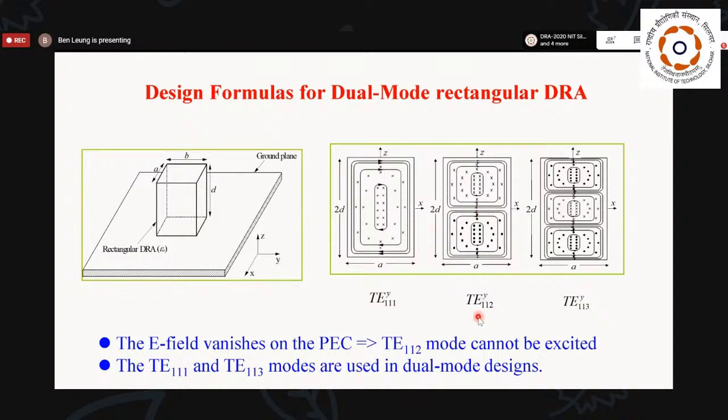Therefore, this TE112 mode cannot be excited when we consider the use of the ground plane. As a result, for the dual mode design, we make use of TE111 and TE113.